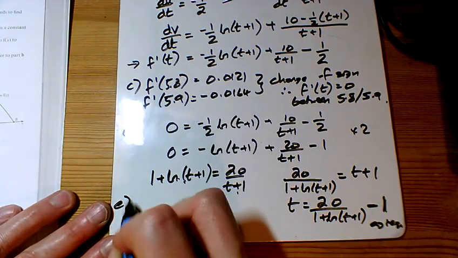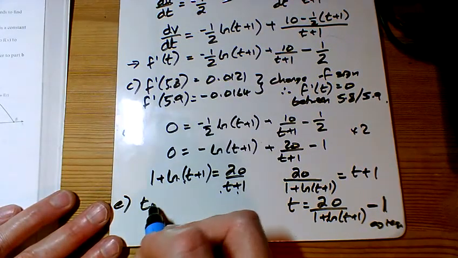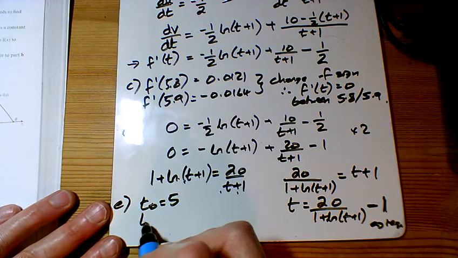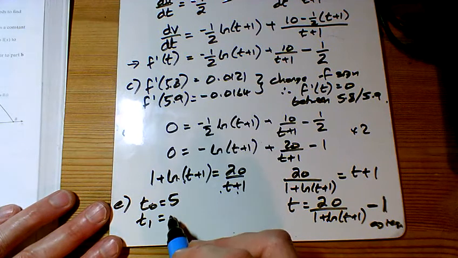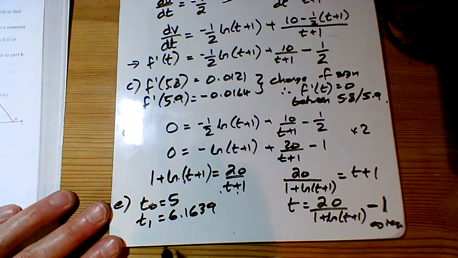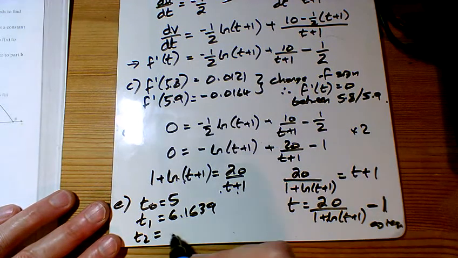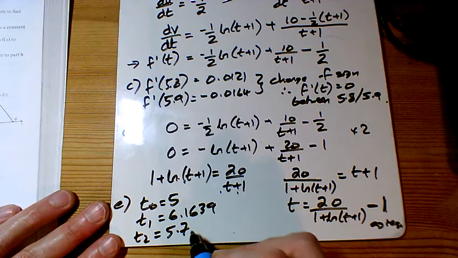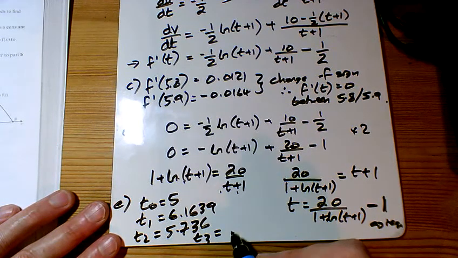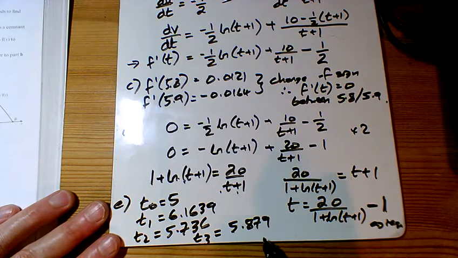So for the last part here, it says our first guess is going to be 5. Stick the 5 into all of this, and that gives me my next guess, 6.1639. Then I'm just pushing equals on the calculator each time now. So I've got 5.736, and my third one I've got 5.879.